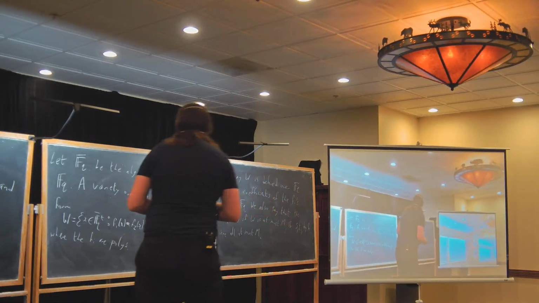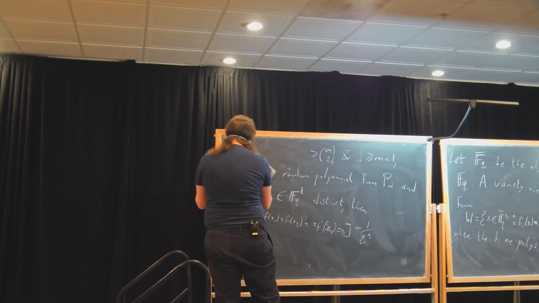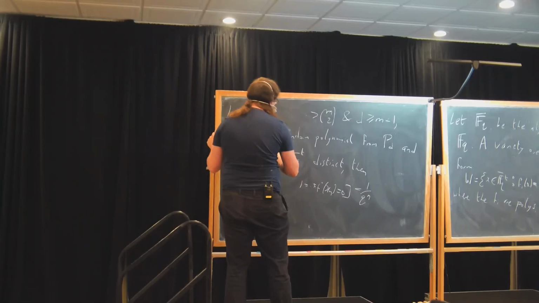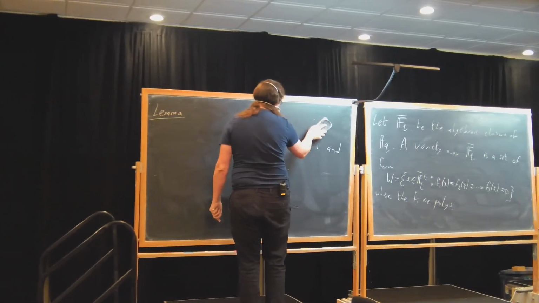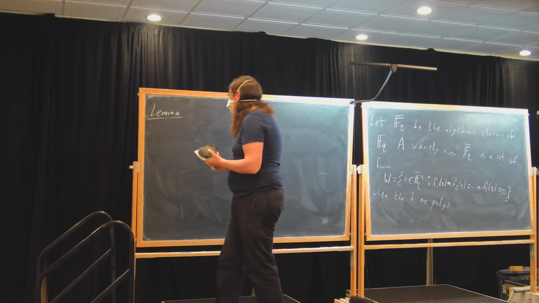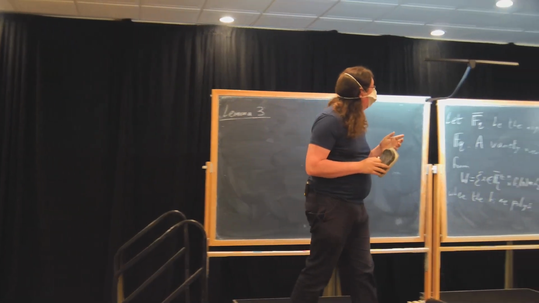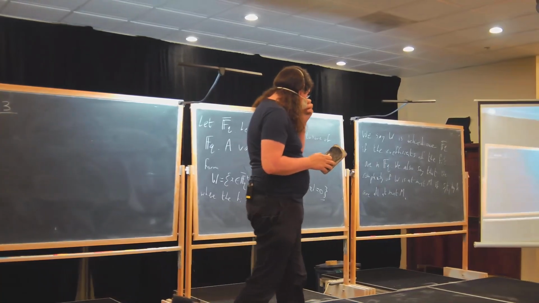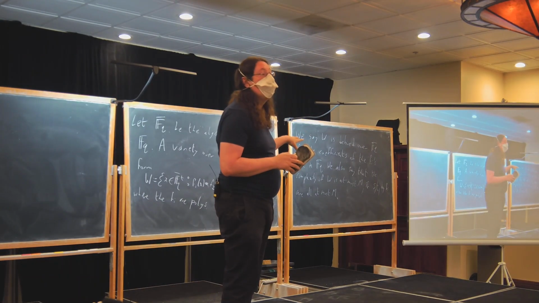Okay, so with that, there's a key lemma, so another lemma. I think this one should have been lemma 2. Lemma 3 is the statement that, so I'm going to be interested in the number of points on these varieties.